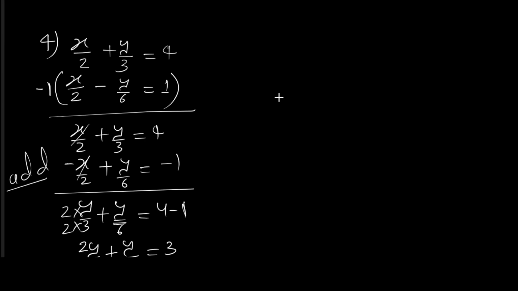So the denominators are both 6, so this is 2y plus y over 6 equals 3. So 2y and y gives us 3y over 6 equals 3. So I'm going to multiply both sides of the equation by 6 to undo this 6.